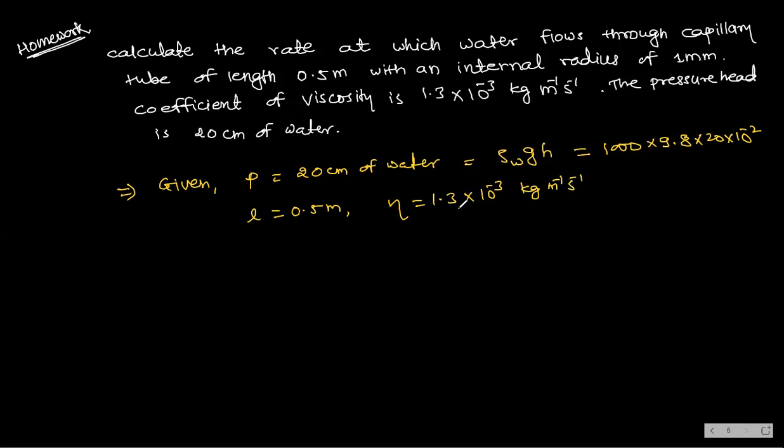R is given, 1 millimeter, so that is 1 into 10 to the power minus 3 meter. Now you have the formula, V is equal to pi by 8 P R power 4 divided by eta into L. So substitute all the values and do it yourself.